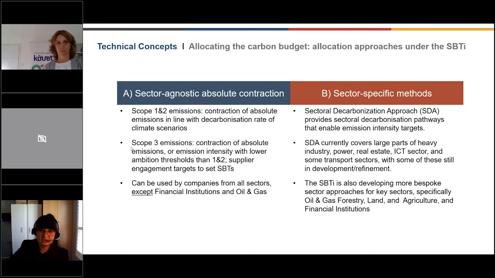And this is largely on an intensity basis for homogeneous sectors. So, for example, for cement that produces per tons of cement or steel. And it covers a large part of heavy industry, so power, real estate, ICT, some transport sectors, but we have a lot of bespoke sectors that are under development that we'll touch on. Next slide, please.